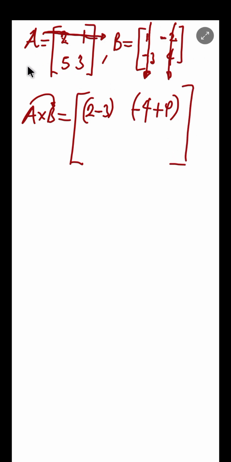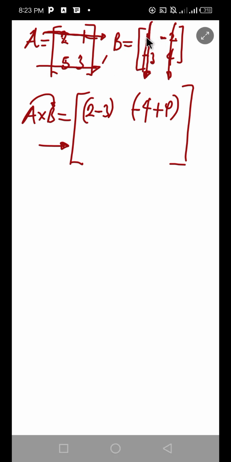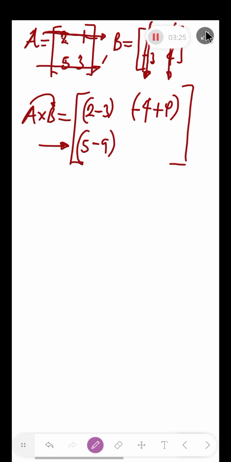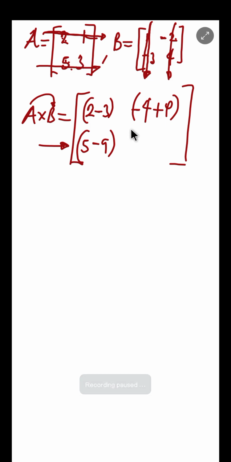Now we need to come down to the second row, this particular row here. So this second row will multiply this first column. 5 times 1, that's 5. 3 times minus 3, that's minus 9. So the same thing is applicable to the second column.